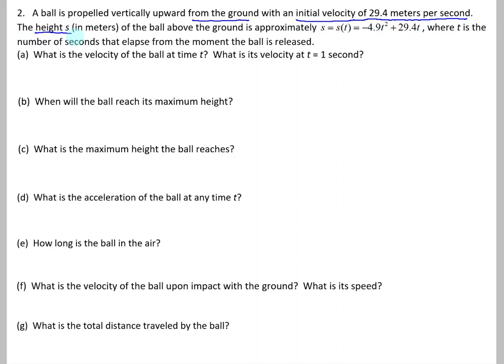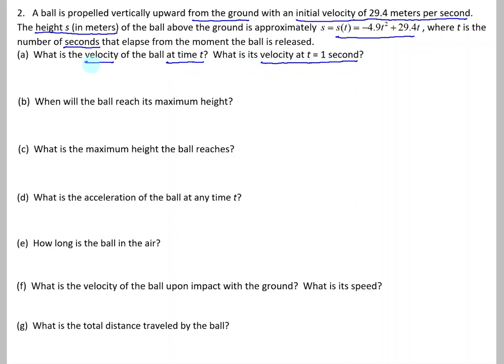The height s in meters of the ball above the ground is approximately s, or s as a function of t, equal to negative 4.9 t squared plus 29.4 t, where t is the number of seconds that elapse from the moment the ball is released. A. What is the velocity of the ball at time t? What is its velocity at t equals 1 second?